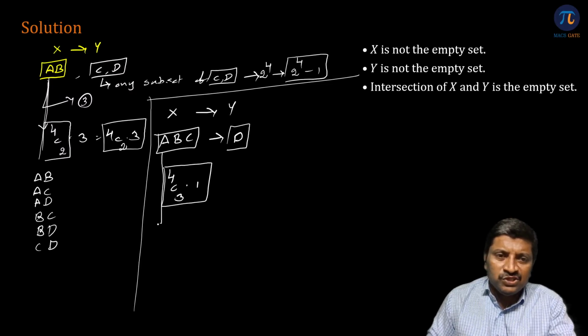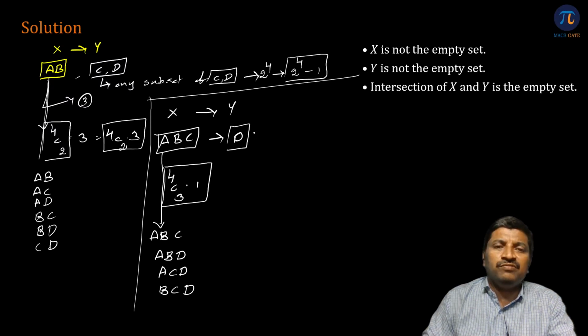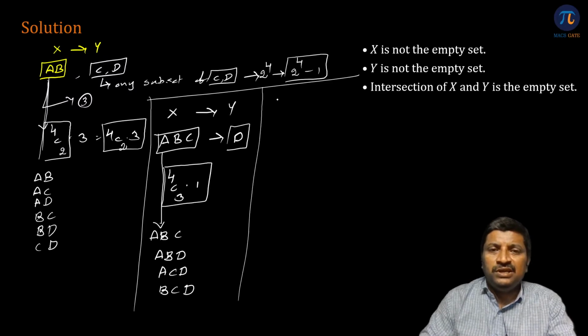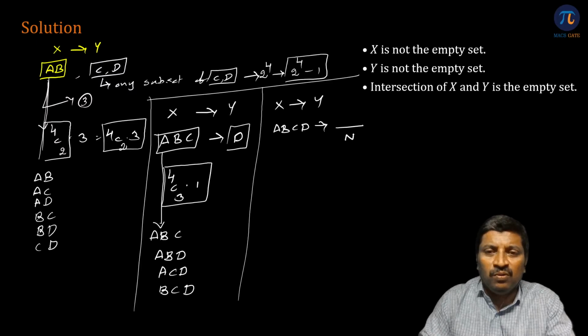Or you can list all 4: ABC, ABD, ACD, BCD. So this is whenever I have 3 elements. What about whenever I have 4 elements, A, B, C, D? Can you use any attribute? No. So this is 0.